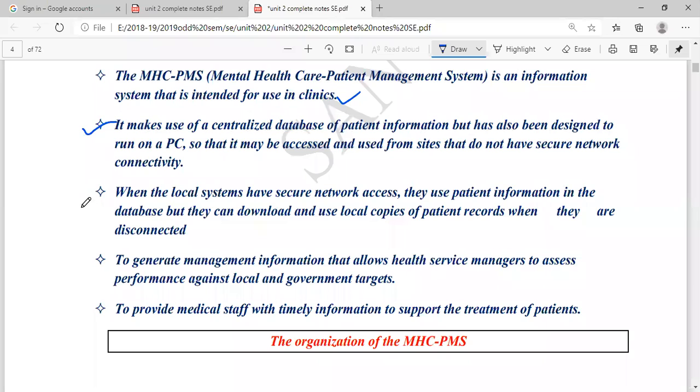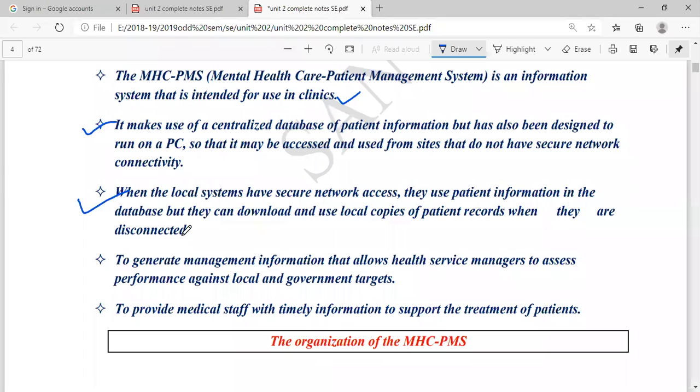When the local systems have secure network access, they use patient information in a database, but they can download and use local copies of patient records when they are disconnected also.